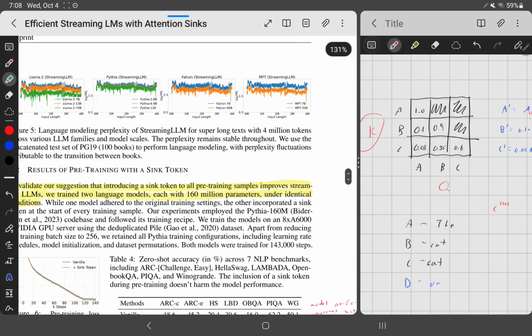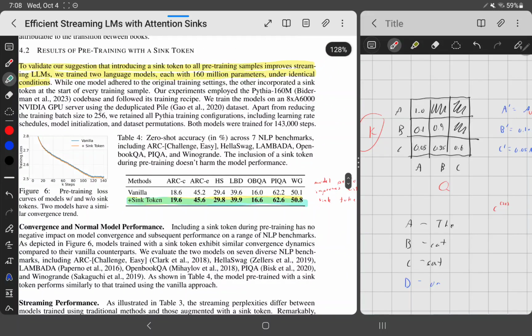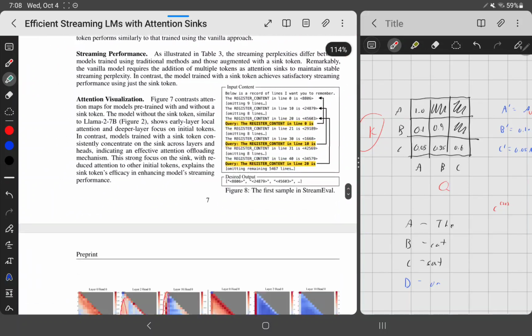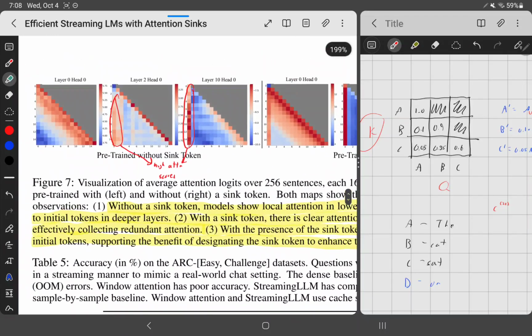And they have some results showing that if you just add the sink token, it does better than if you don't add the sink token to the beginning whenever you train it. And then they have these results here. If you pre-train without the sink token, you can see that it has the attention scores going to the beginning in some heads, but in other heads it's all over the place.